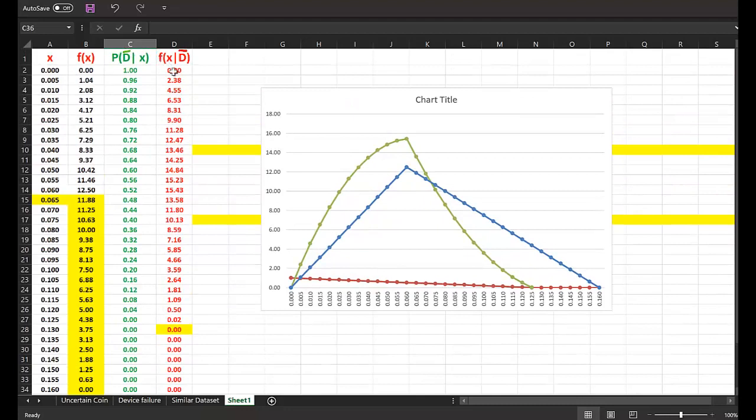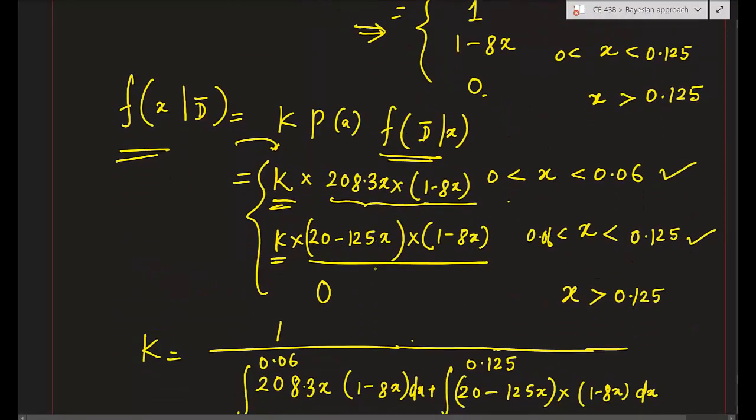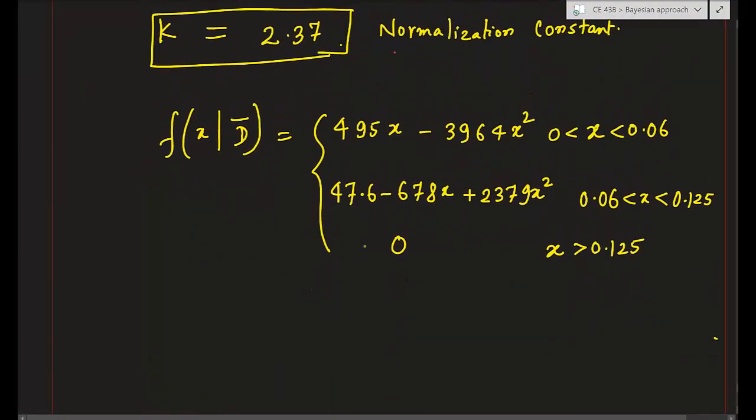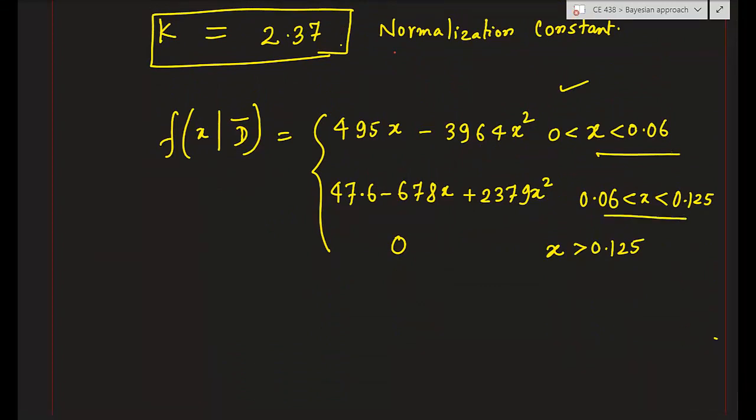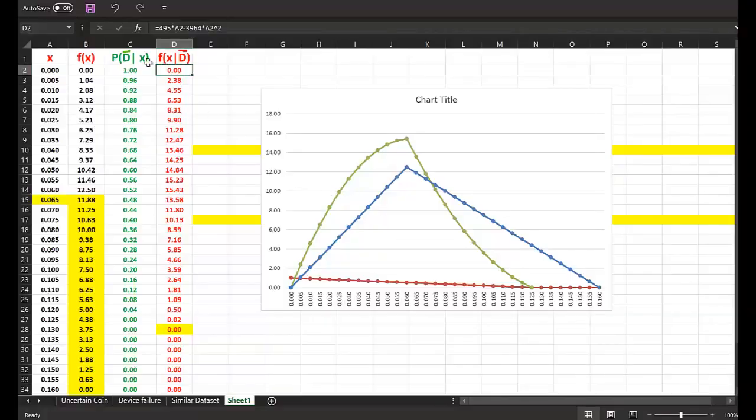Similarly, I can also plot the corresponding posterior distribution. In this case, the function is this when x is less than 0.06, and when greater than 0.06 I have a different function. So I plotted this here. This is the corresponding posterior distribution, 495 times A2, that is my x, minus 3964 times x square.